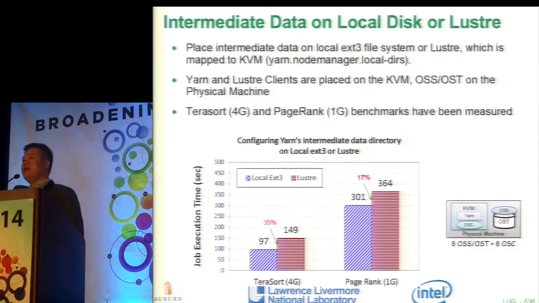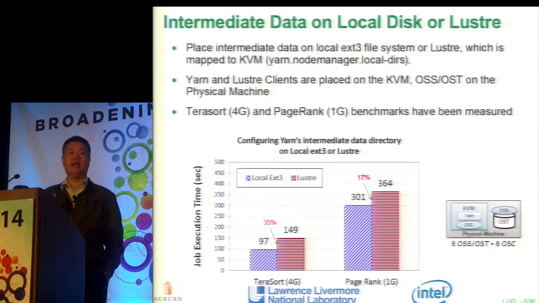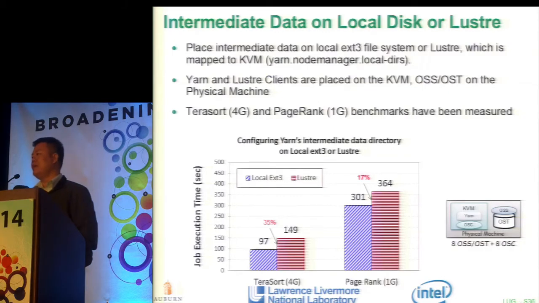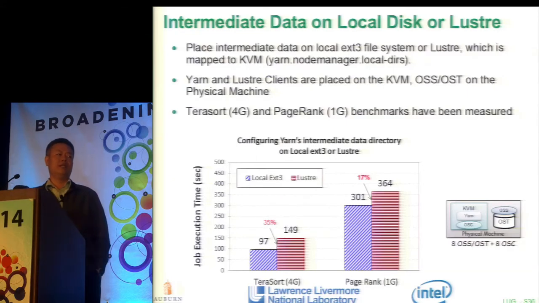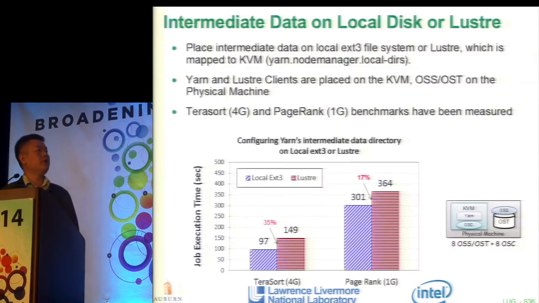As many of you know, YARN jobs create a big amount of intermediate data. In the HPC environment, you no longer have a local disk to hold that intermediate data, so naturally you want to place intermediate data on Lustre. So we compared 2 cases: when you run YARN on Lustre, where you put intermediate data, the local disk or Lustre.